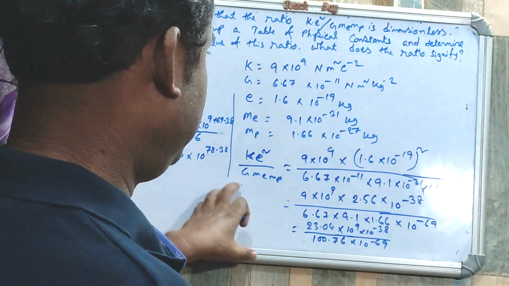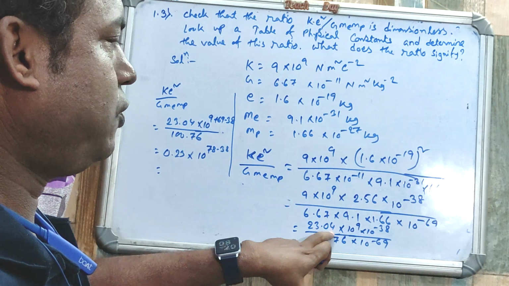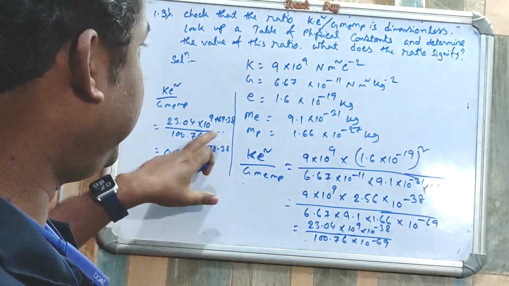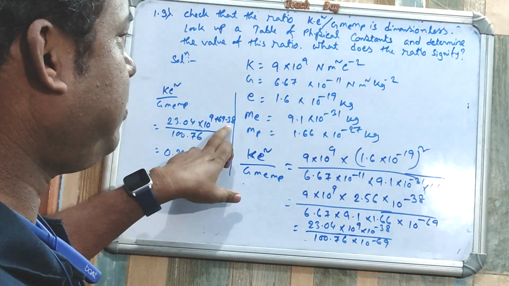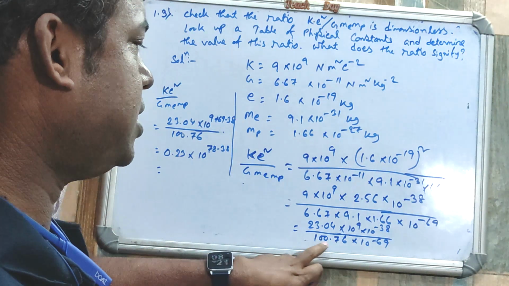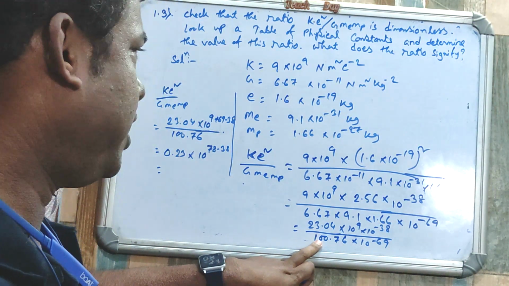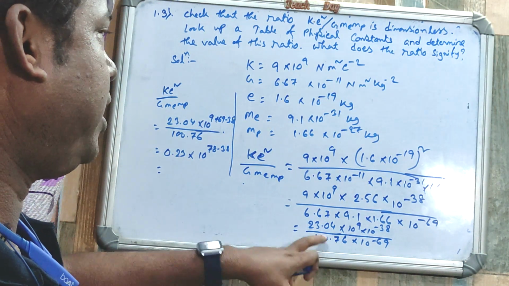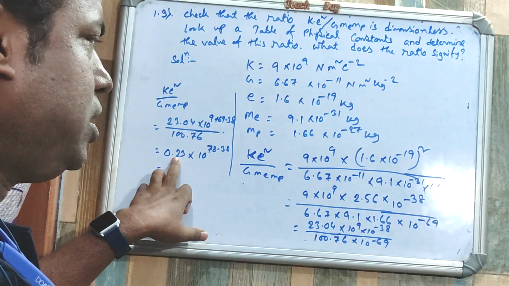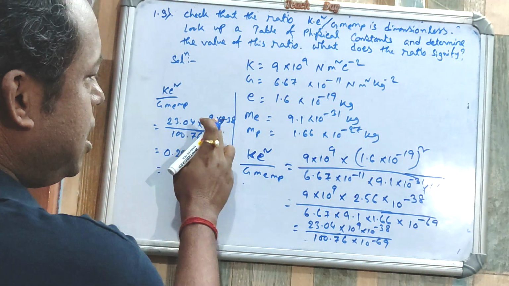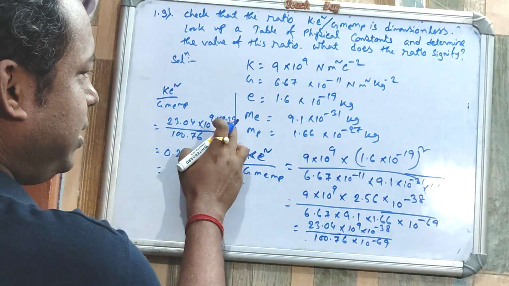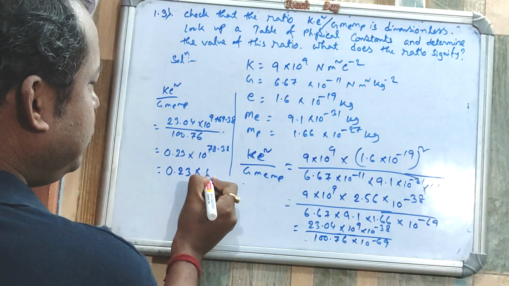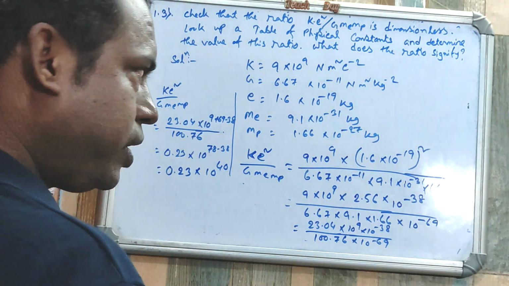So we take it as 100. We solve 23.04 into 10 to the power 9 minus 38, and the denominator is 10 to the power minus 69. So we write 10 to the power 9 plus 69 minus 38, divided by 100.76. It can be taken as 100 for calculation. So 23.04 divided by 100 is approximately 0.23. Then 9 plus 69 is 78, and 78 minus 38 is 40. So it may be written as 0.23 into 10 to the power 40.